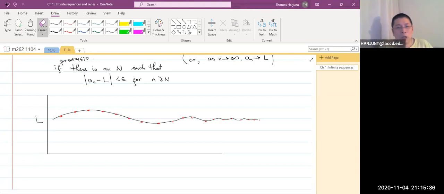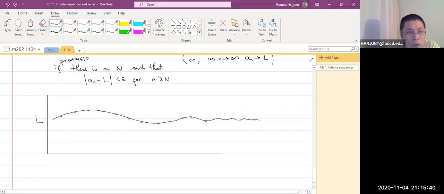Now, what this definition says is the following. Whatever epsilon you choose, let's say I choose epsilon this big. So this guy here is L plus epsilon, and this guy here is L minus epsilon.